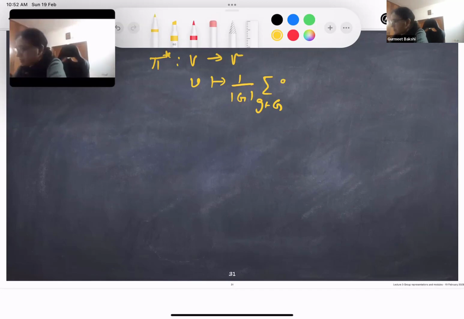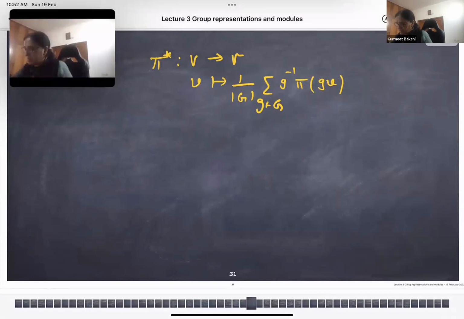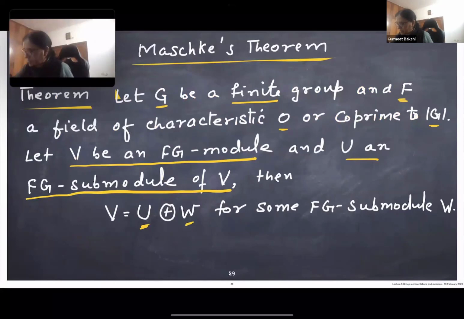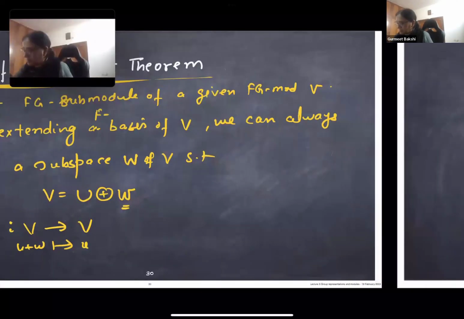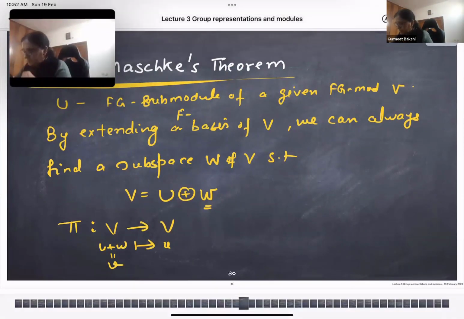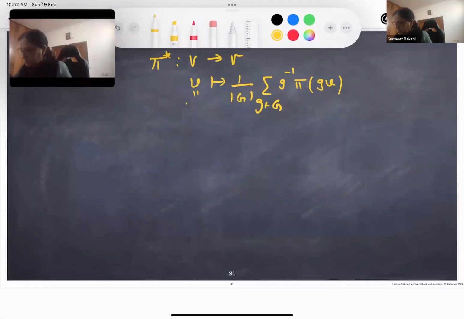Where is pi of GV? It exists because, if you have V, I will write down V is U plus W. So you take pi of GV.